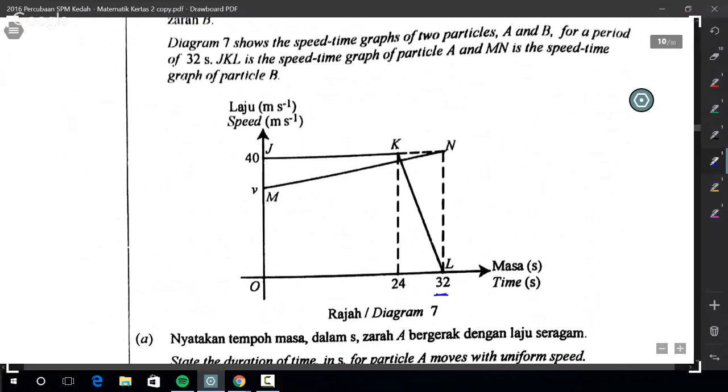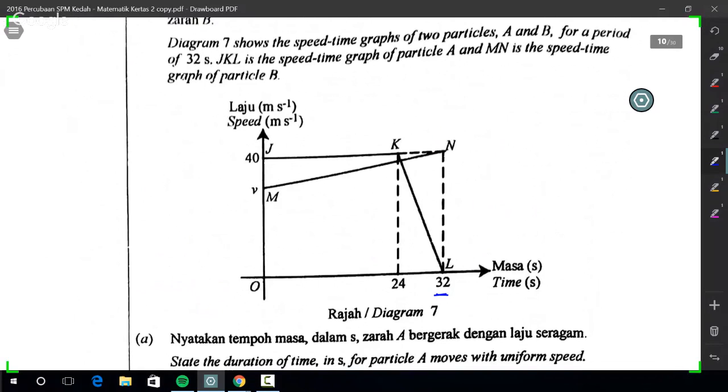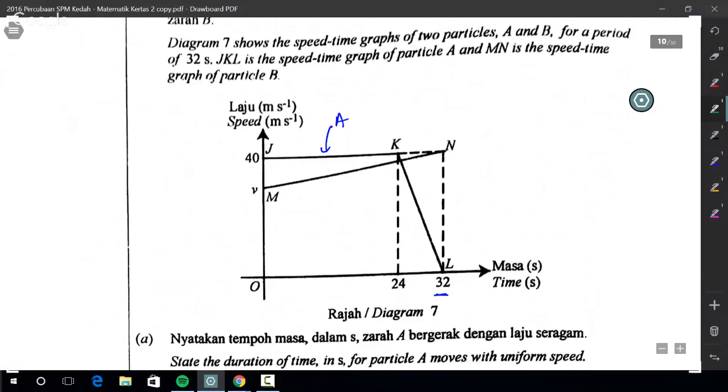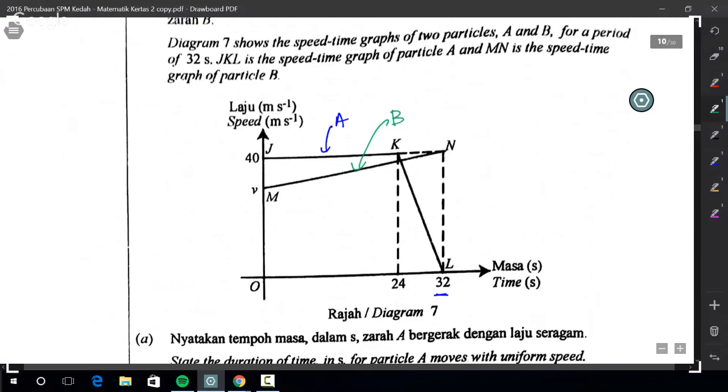Obviously I see 32 here. JKL is the speed-time graph of particle A. So this is particle A. MN is the speed-time graph of particle B. So MN is particle B here.